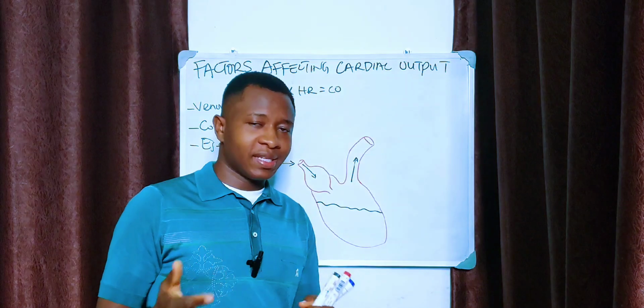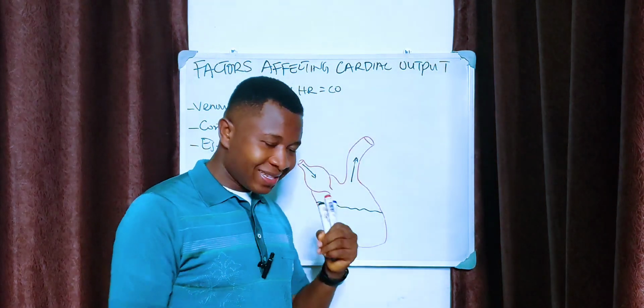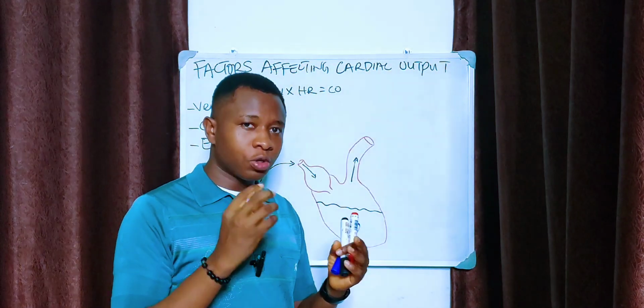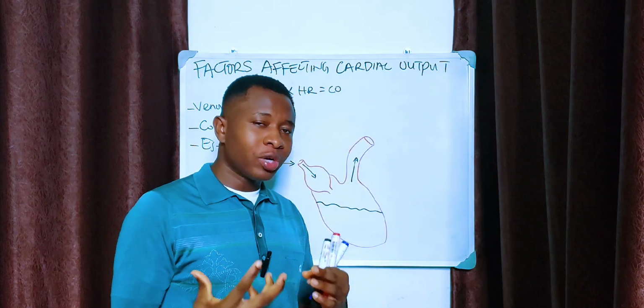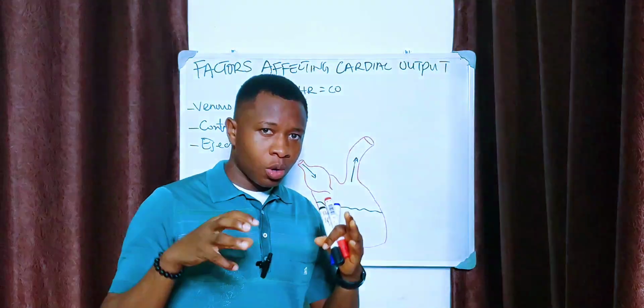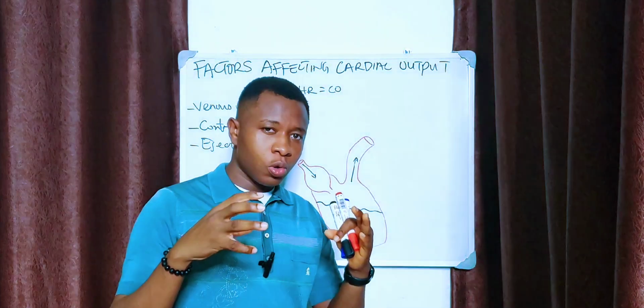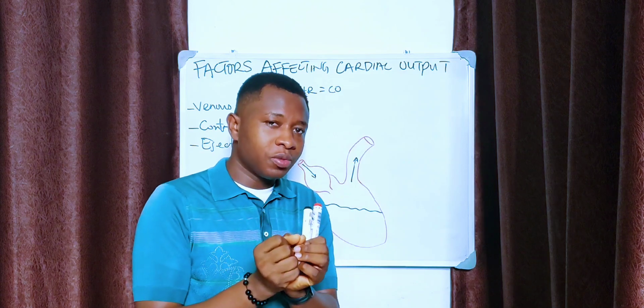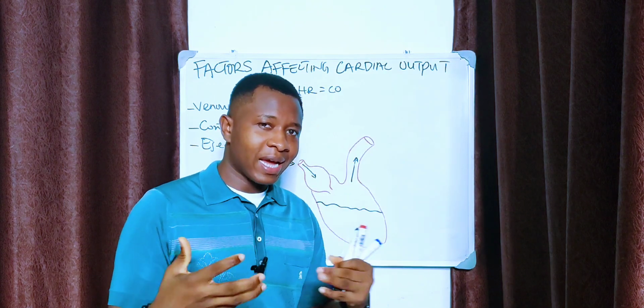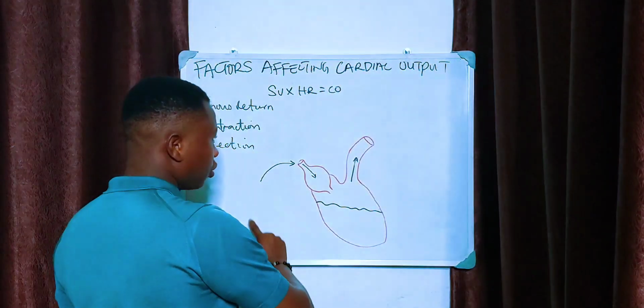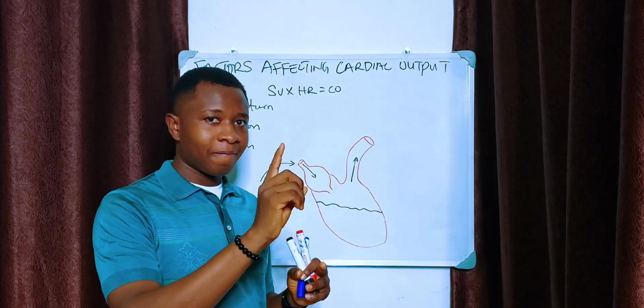Let's assume you're exercising, and you're flexing your muscles. Your muscles are contracting and relaxing. Now, the contraction and relaxation of the muscles helps to squeeze blood vessels. So when you exercise, venous return is higher.